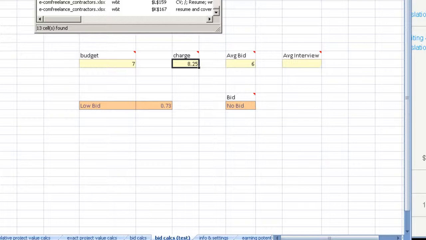In this case, you might have to go too low. You might have to go down to $5 in order to compete with the average bid amount. But I wouldn't want to do that because the regular charge is $8. That's just shaving a bit too much off of their regular charge, and they might not be happy with that.